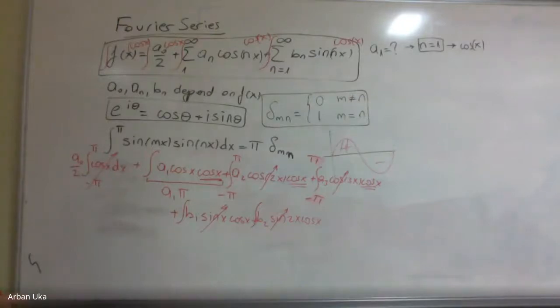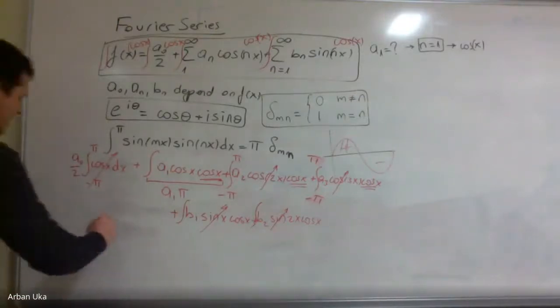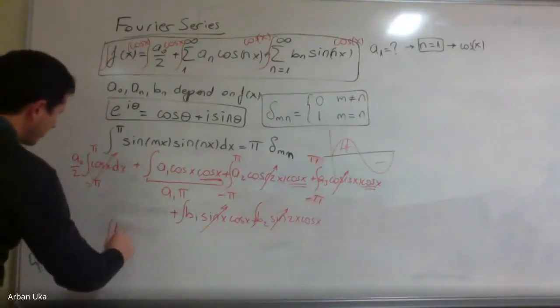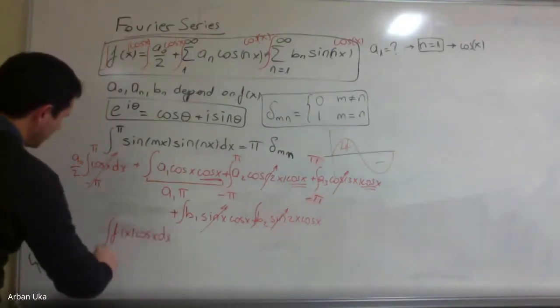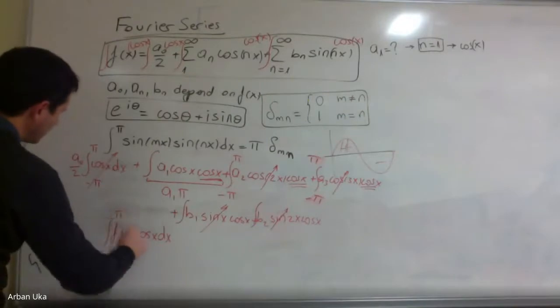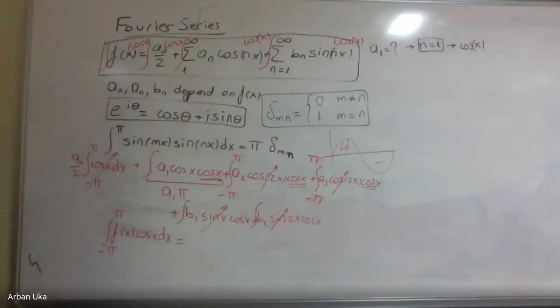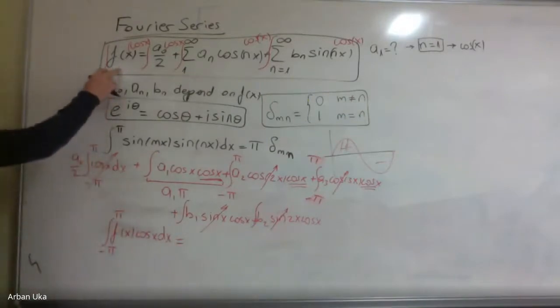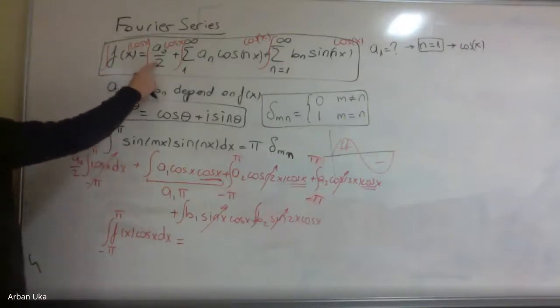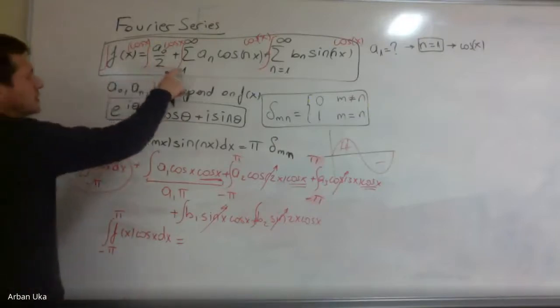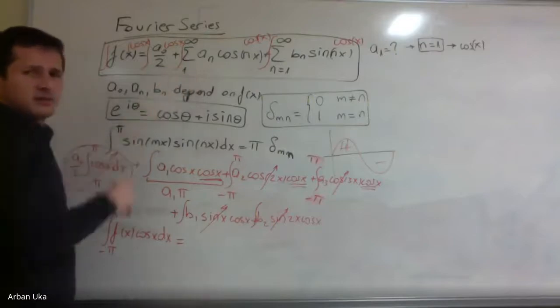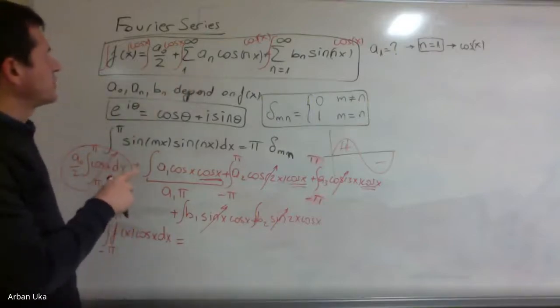So finally, it looks like we have the following. The integral of the function f of x times cosine x dx, the integral from minus pi to pi, is going to be equal to, so we got this one, we're integrating this expression, a0 divided by 2 times cosine x, and integrating it, we get 0, so this term will be gone, plus this whole series expansion from 0 to infinity.